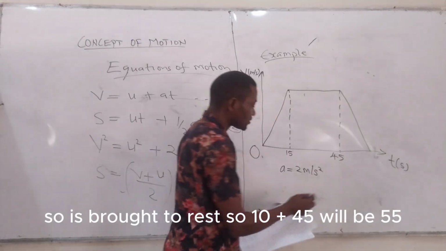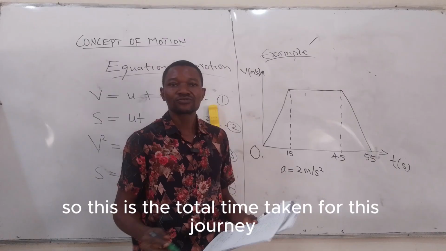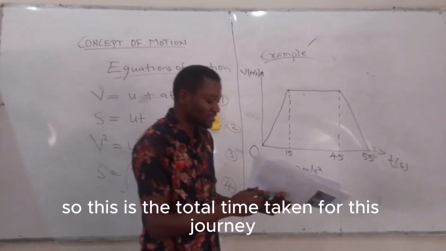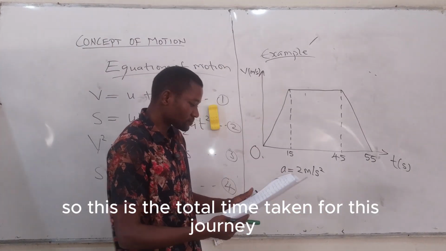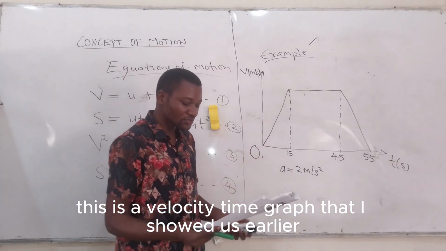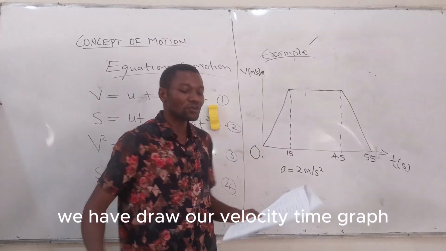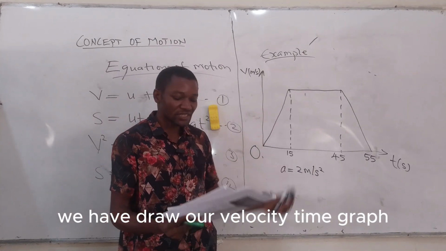So it's brought to rest. So 10 plus 45 will be 55. So this is the total time taken for this journey. So this is the velocity-time graph that I showed us earlier. Okay, so the first question says we should draw. We have drawn our velocity-time graph.